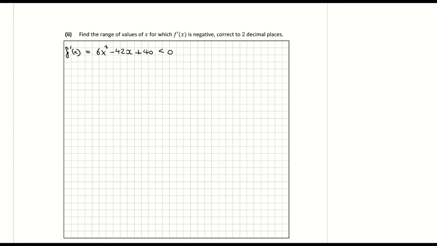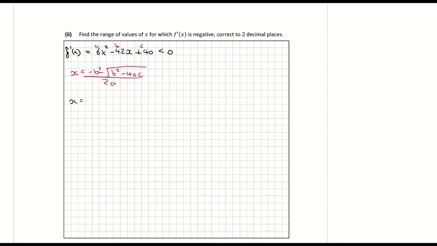Now, I haven't factorized the derivative in the previous part, so I need to factorize this now. Once again, I'm going to my minus b formula, so x is equal to minus b plus or minus the square root of b squared minus 4ac all over 2a. a is 6, b is minus 42, c is 40.